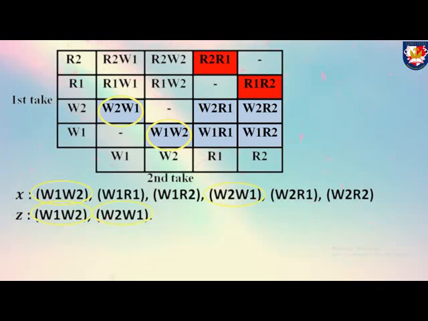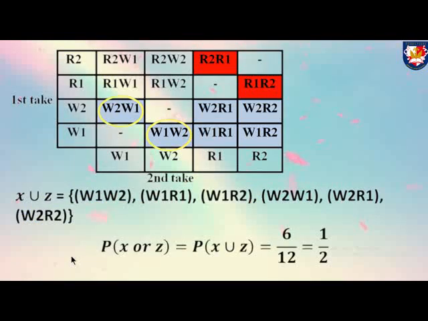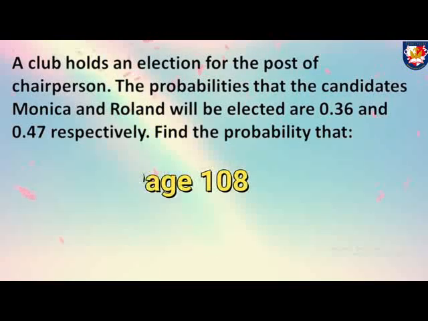So we cannot find the probability of X or Z by adding them. We need to find the elements of X union Z. This is all the outcomes or the elements of X union Z. So probability of X or Z equals probability of X union Z, equals 6 per 12, or equal to a half. How about this example?